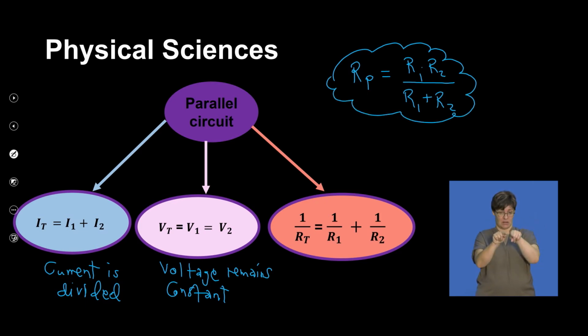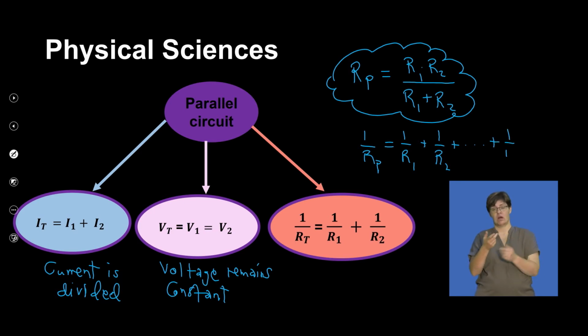However, there can be more than two resistors connected in parallel. So it takes us back to 1 over R parallel, which is the total resistance, equals 1 over R1 plus 1 over R2, plus whatever in between, up to 1 over Rn. This is applicable for n resistors connected in parallel. Be mindful of that.